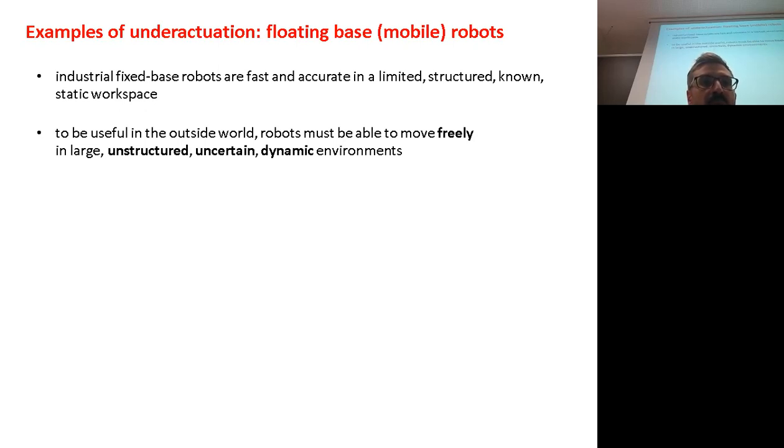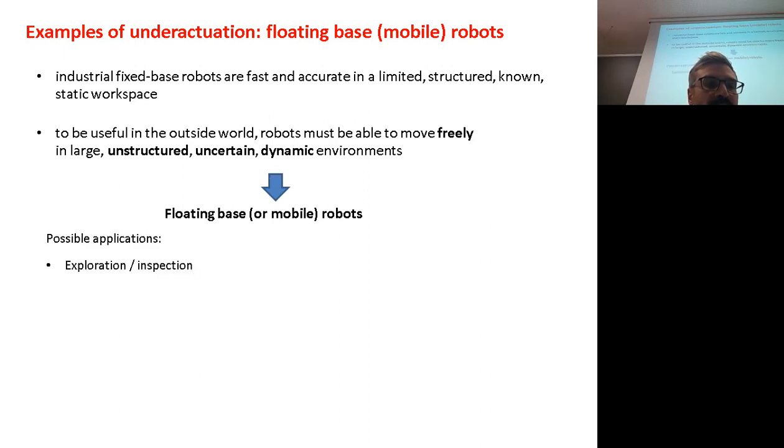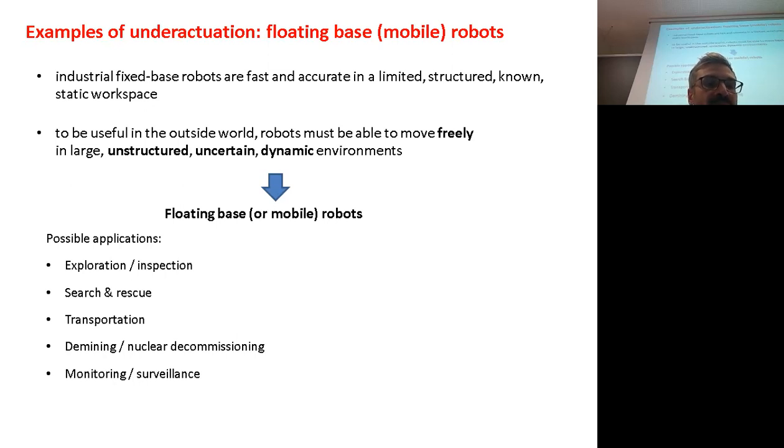Industrial robots are very accurate in structured, limited and static workspaces, but they cannot move around. So with floating-base robots, we have more applications, like exploration or inspection of plants, search and rescue, transportation of loads, demining, nuclear decommissioning, and in general monitoring and surveillance.